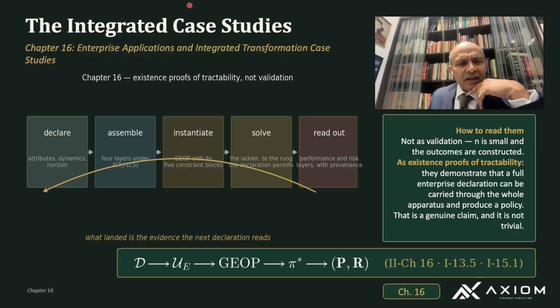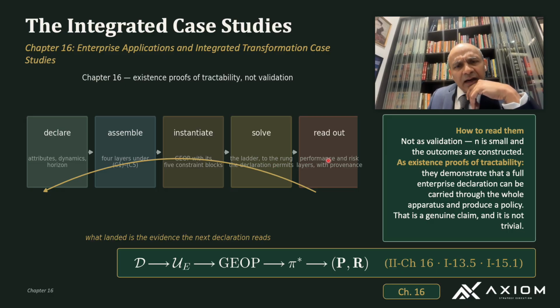Now, this diagram summarizes the end-to-end DCT workflow. Declare the enterprise attributes, dynamics, and horizon. Assemble the 4 architectures under the compatibility conditions C1 to C5, which we looked at earlier. Instantiate the GEOP with its 5 constraint blocks, which we looked at. Solve it using the strongest optimization method the declaration permits.